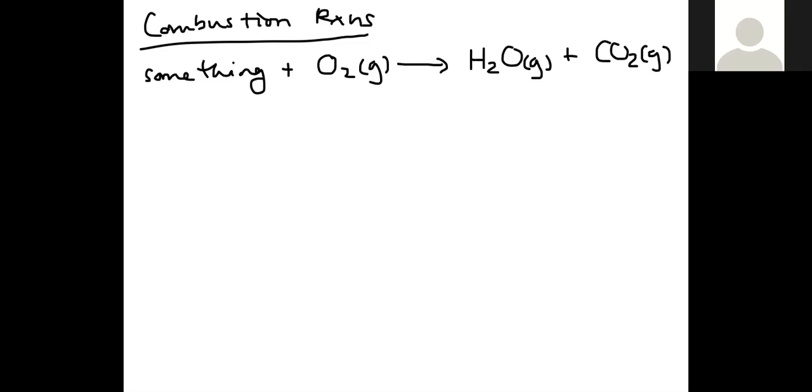In this case, I won't necessarily tell you the phase of oxygen or CO2 ever, because those are things that you breathe in and out, so you should know that those are gases at room temperature. Generally, if I ask you for the phase of water, it will be liquid, except in the case of combustion reaction. Can anyone tell me why water is gaseous in a combustion reaction?